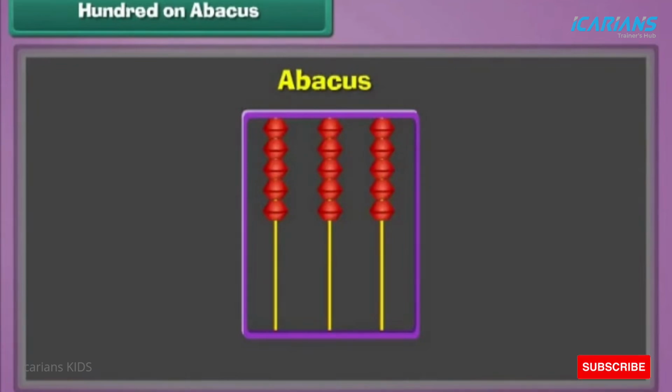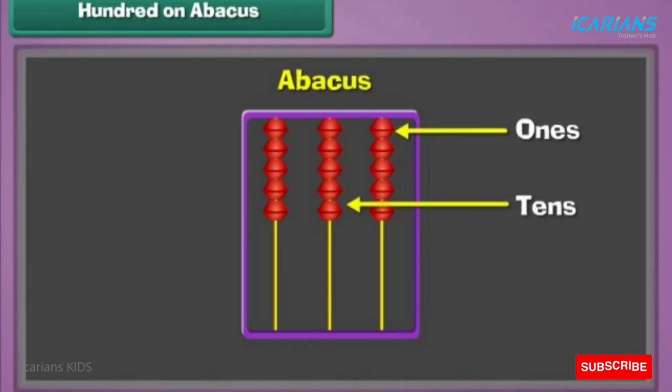Numbers on abacus. Look at this abacus. It has 3 strings. Each string represents a position. The rightmost string represents the ones place, the next the tens place, and the leftmost the hundreds place.